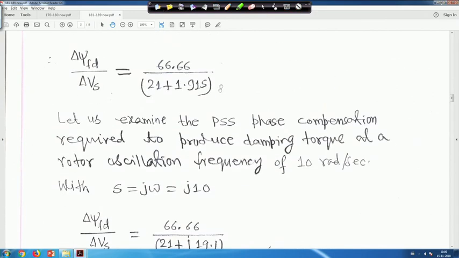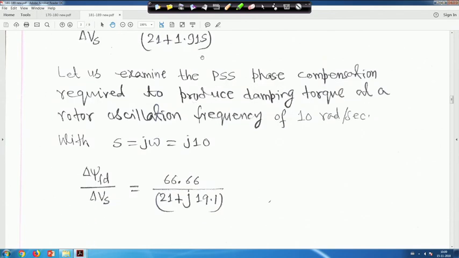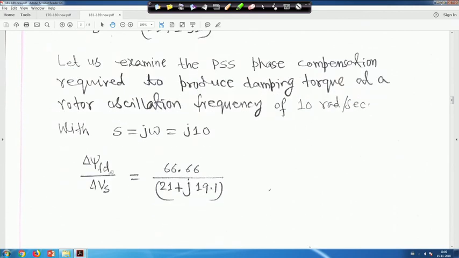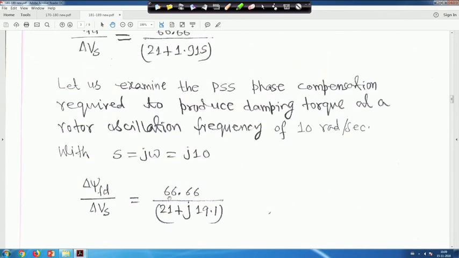Now, we will examine the PSS phase compensation required to produce damping torque at the rotor oscillation frequency we have taken earlier, 10 radian per second, that is 1.6 Hz. So, with s equal to j omega, omega is equal to 10. Therefore, delta f d upon delta Vs will become 66.66 upon 21 plus j 19.1.